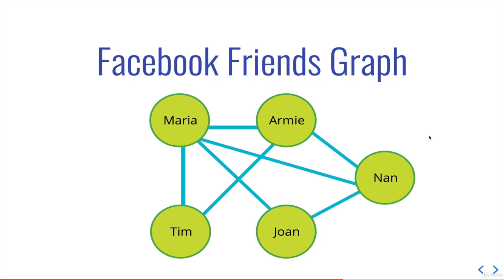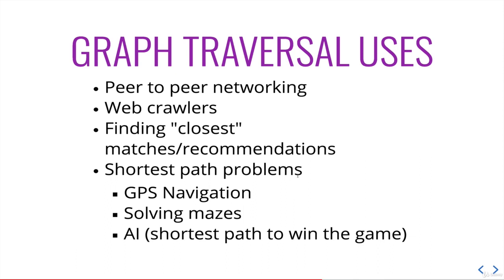Okay, so my point is there's lots and lots of applications, even things like artificial intelligence. If we talk about all the different possibilities for a board game, a layout in a game, like tic-tac-toe is a simple example, but let's say something crazy like Scrabble, where there's so many options. You could use a graph to store different game moves and then traverse that graph to find the shortest path to a winning move, the shortest way to win the game, for example.